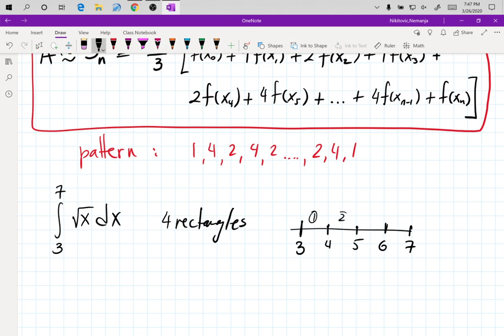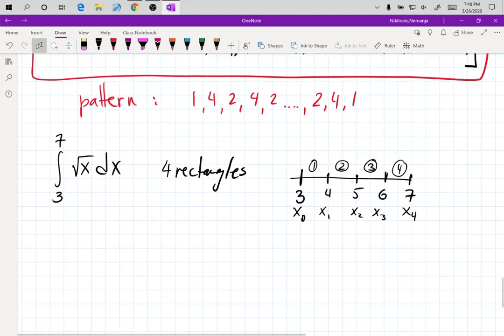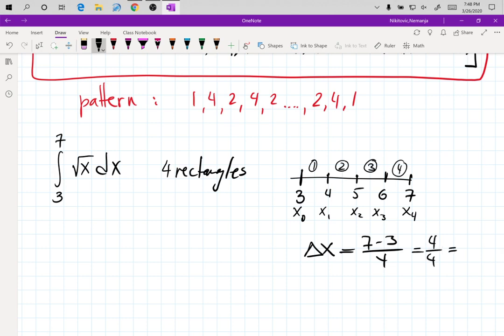Rectangle number 1, rectangle number 2, rectangle number 3, rectangle number 4. So we have 4 rectangles, and here's my x0, x1, x2, x3, and x4. My delta x is 7 minus 3 over 4 rectangles. That's 4 over 4, which is 1.